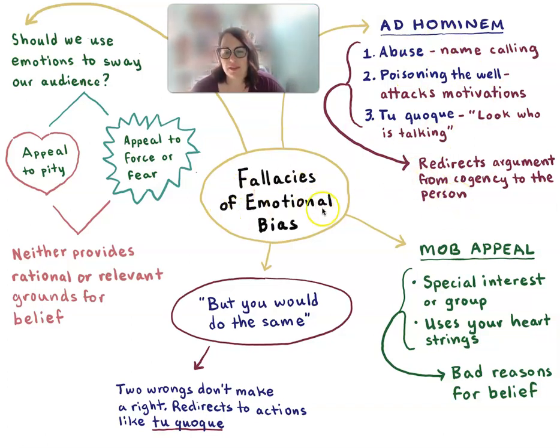When you look at a fallacy of emotional bias, what they're doing is redirecting away from that dialectical acceptability and bringing us into just bad reasons for belief. So mob appeal is when we pull on your heartstrings.